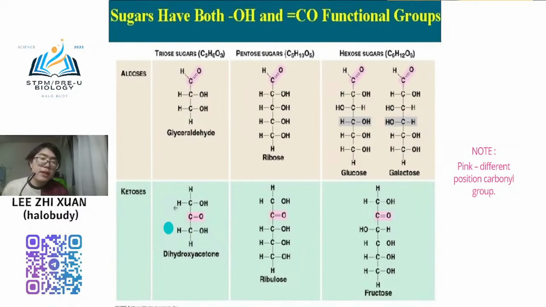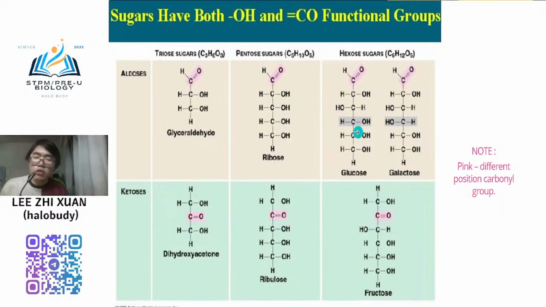So yeah, this one is another example. You see glucose and galactose, focus on the six carbon hexose sugars. Glucose and galactose have an aldehyde group, which we know as aldose sugar. Why? Because the carbonyl group is located there. The difference between glucose and galactose is the location of the hydroxyl group.